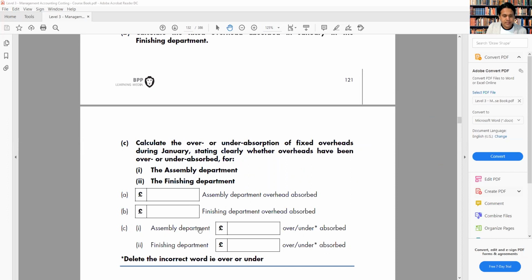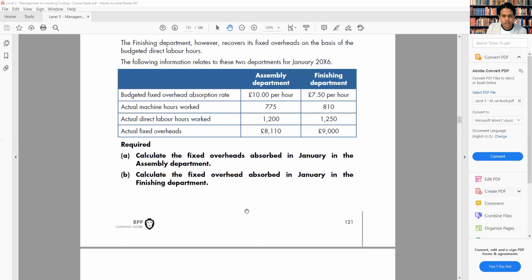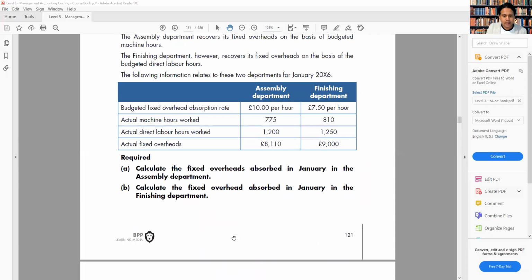So we have A, B, C, and we have to answer all of this. Let's try with the first one. How much overhead have we absorbed for assembly and for finishing? Let's write it down, number A and B.